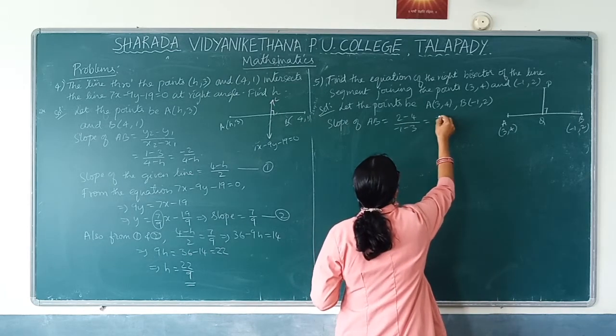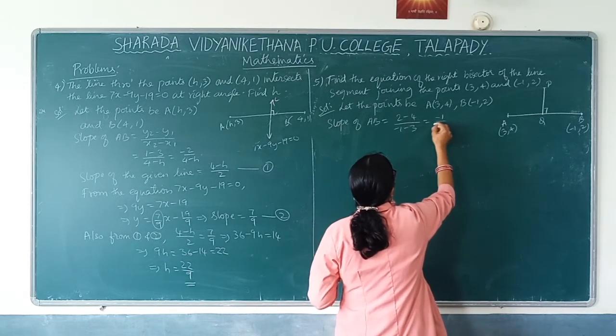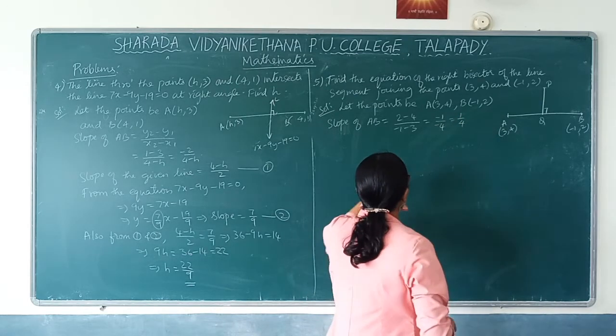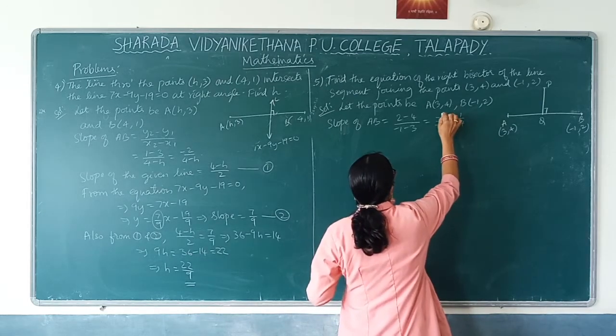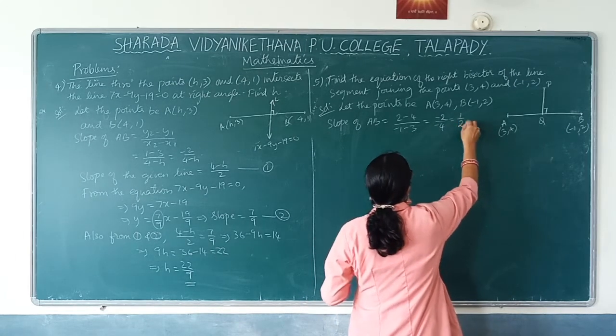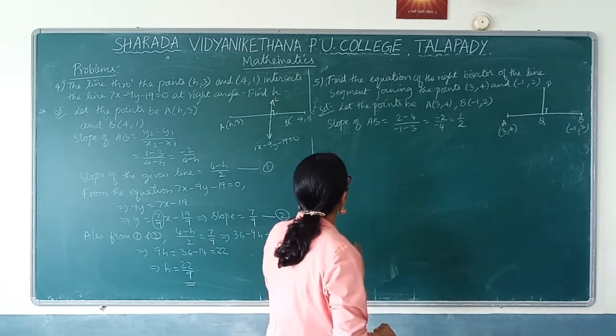So 2 minus 4, no, it is 2 minus 2 actually. Minus 2 by minus 4, so it is 1 by 2. 1 by 2 is the slope of AB.